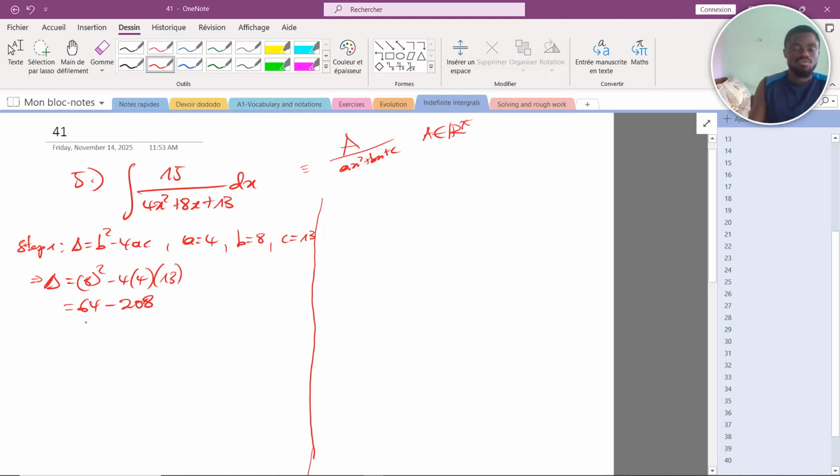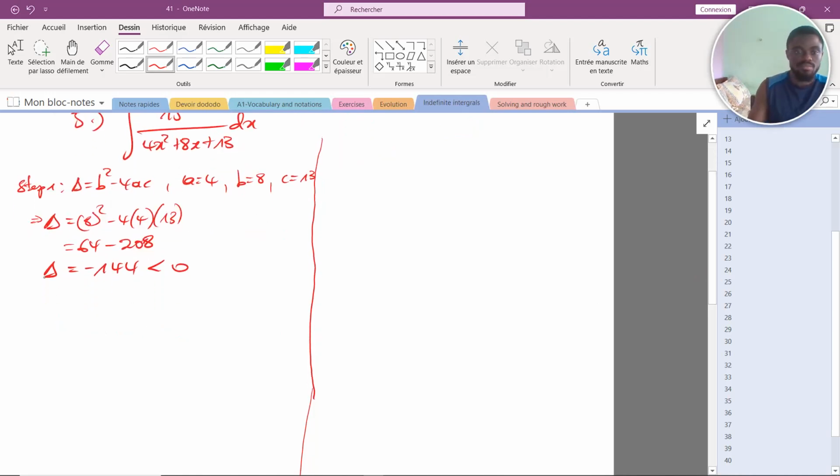Let me do the difference: 64 minus 208. So you see that delta is equal to minus 144, which is less than 0. So the discriminant is less than 0.